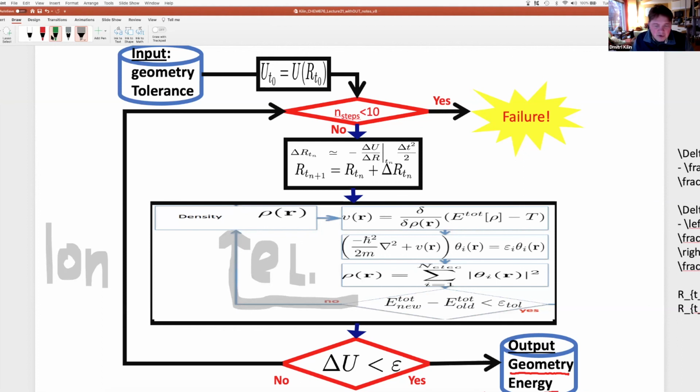The number of steps, to stop it a little bit earlier, can be set up in the INCAR. This number of ionic steps is NSW. If you set it to 0, it means we do not optimize geometry. If you set it to like 10, 100, 1,000, it means we either optimize geometry or run molecular dynamics.